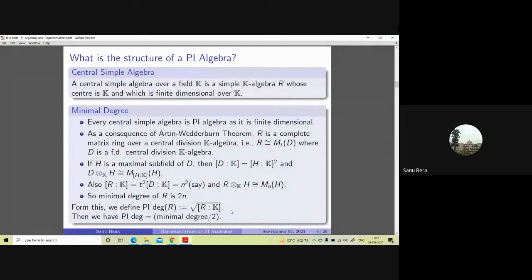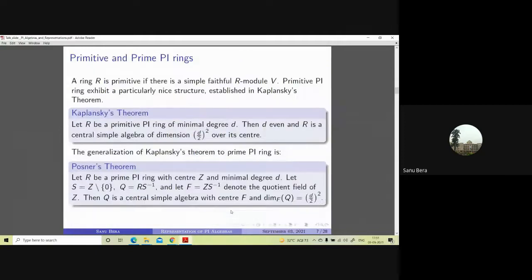So next we will consider other types of algebras. First we will consider primitive, and next prime algebras which satisfy a polynomial identity. A ring is a primitive ring if it has a faithful simple module.